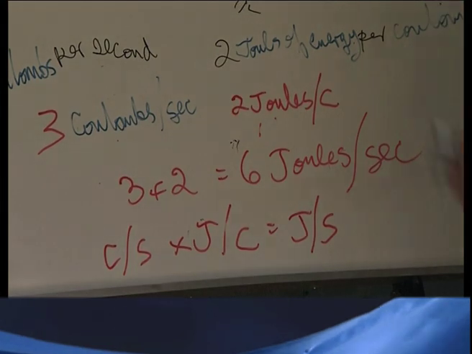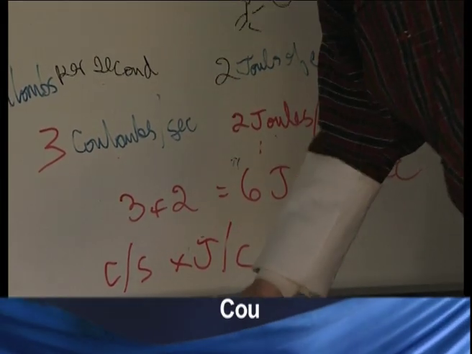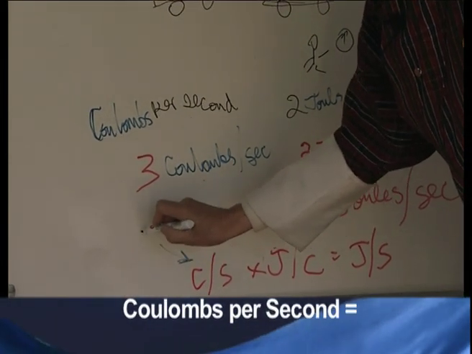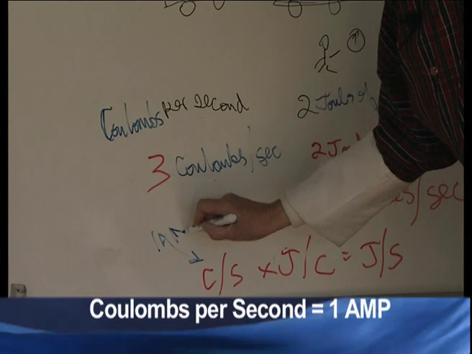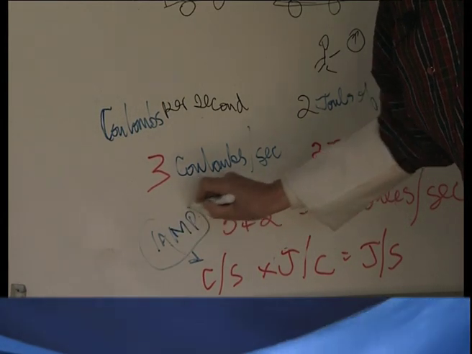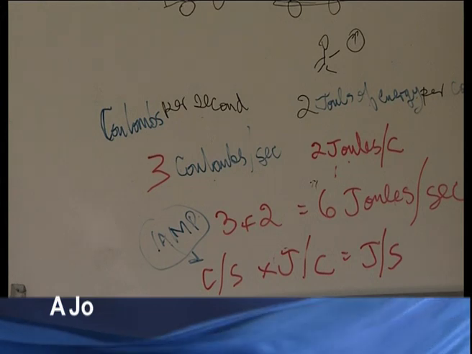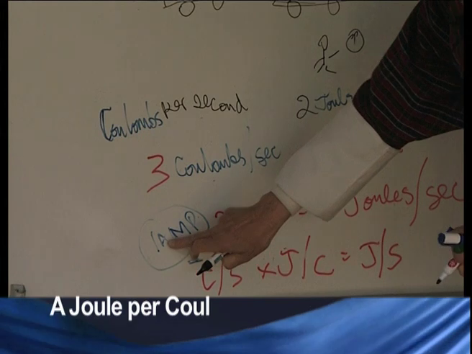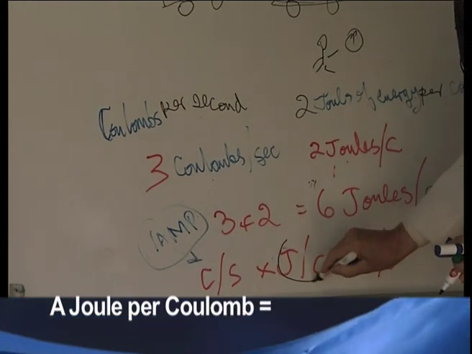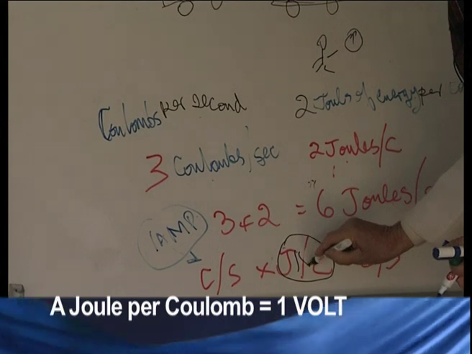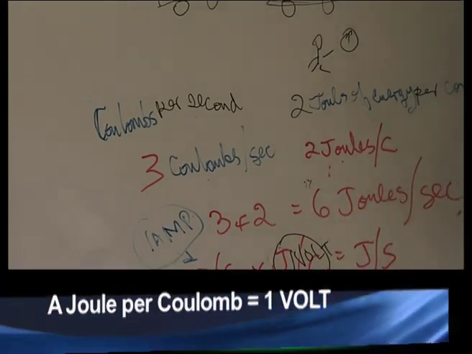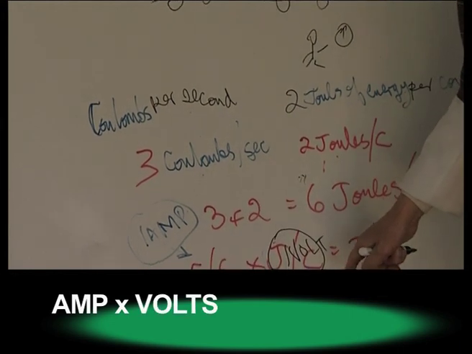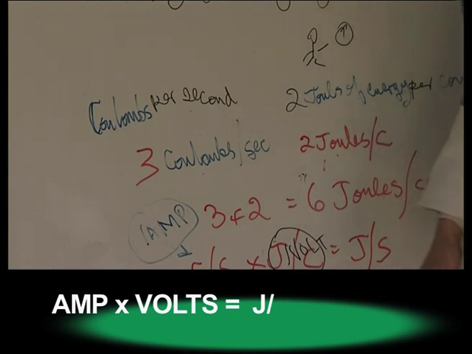Now, a coulomb per second is called 1 amp. A joule per coulomb is called 1 volt. So we've got here amps multiplied by volts, or volts multiplied by amps.